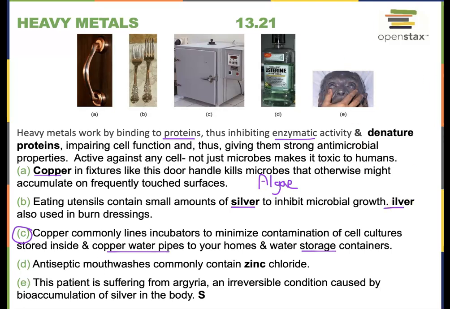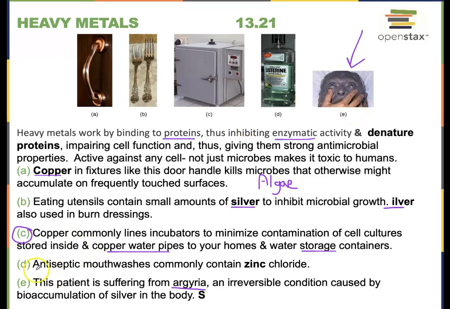In this picture here in letter E, it shows you the downside of too much heavy metal. So this guy here is suffering from argyria, and that is too much silver in the body. It's irreversible. Okay, so somehow this man has gotten way too much silver in his body, and as you can see, it turned his skin this color.